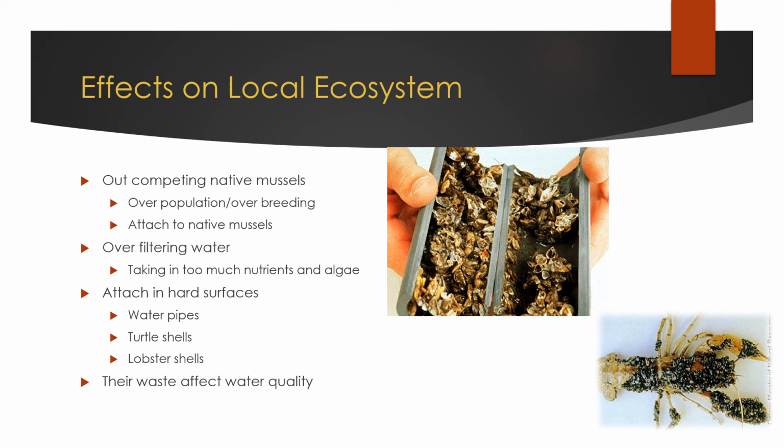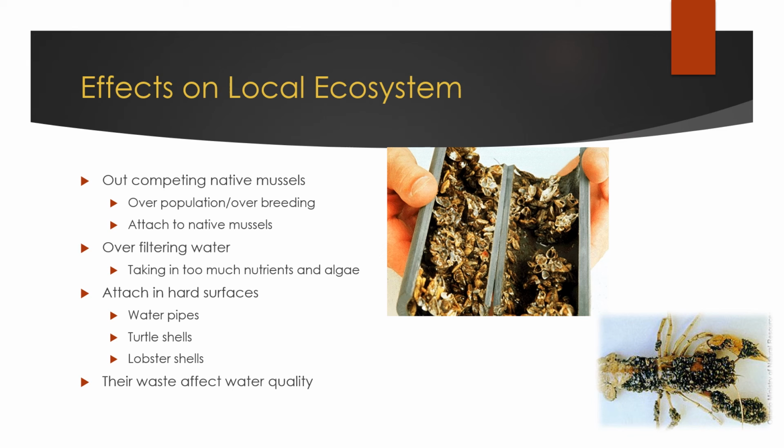Like I mentioned earlier, they attach to hard surfaces, and I mean any hard surfaces. In the picture on the right, you can see it's being found inside water pipes that carry our drinking water and our showering water. And it's being attached onto lobster shells and turtle shells. This can make it very difficult for these organisms to live and swim around.